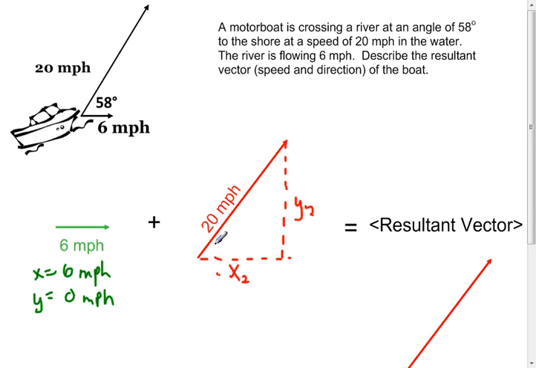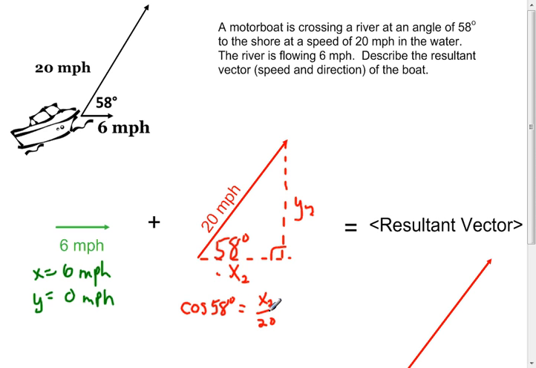Okay, so we know this is 58 degrees, and we know this hypotenuse of the right triangle we just created is 20. So to figure out the x, we're going to use cosine. So it'll be cosine of 58 degrees equals x2 over 20.